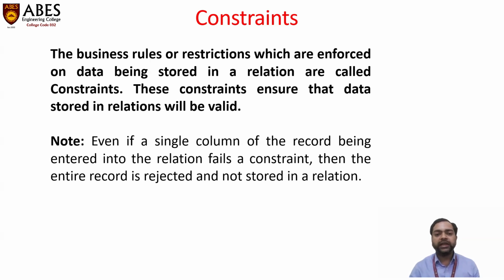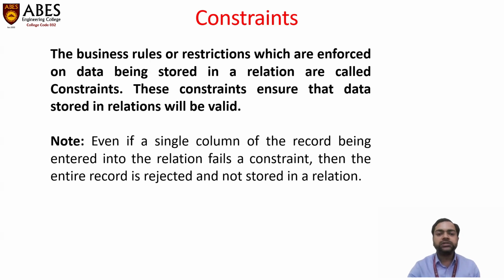Let's suppose roll number is 101 and name is A. But by mistake, we have taken the value of age as -1 or -23. So the value of age is invalid. Because of this value only, the whole record cannot be inserted into the database. If the value of even a single column fails the constraint, then the entire record cannot be stored into the relation and it is rejected, right?